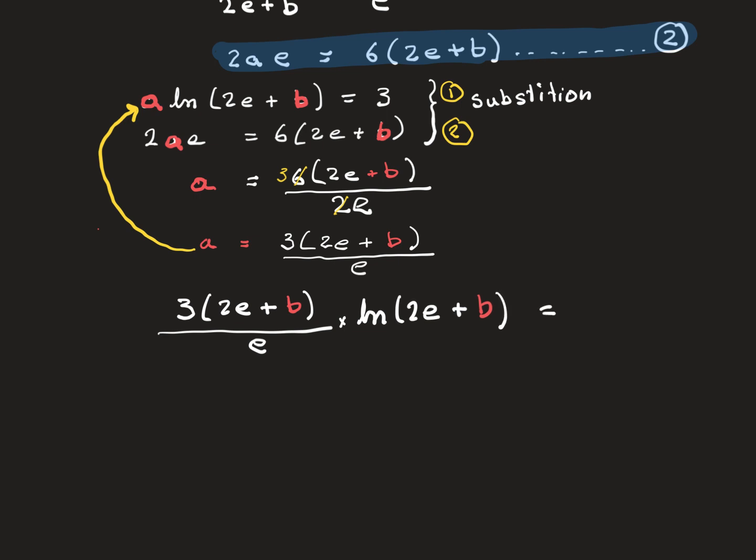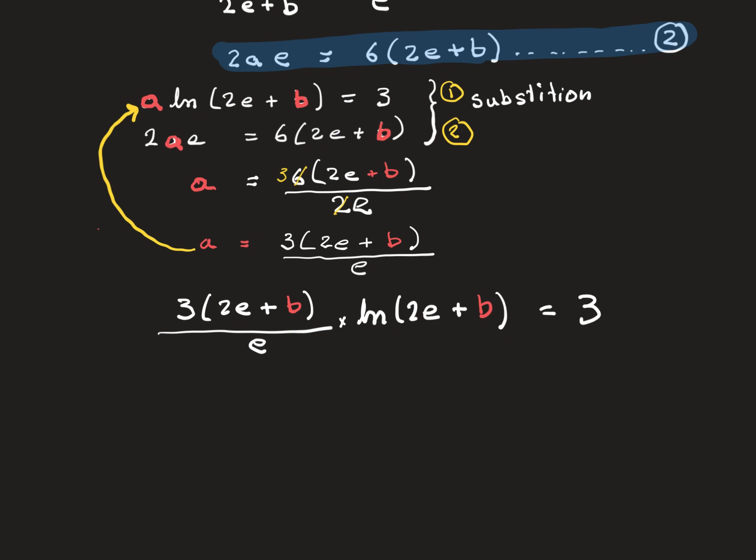It's equal to 3. Okay, I know it looks a little bit much, but you'll see it'll be fine. That E that we have down here can now be rearranged and put to the right over to this side.